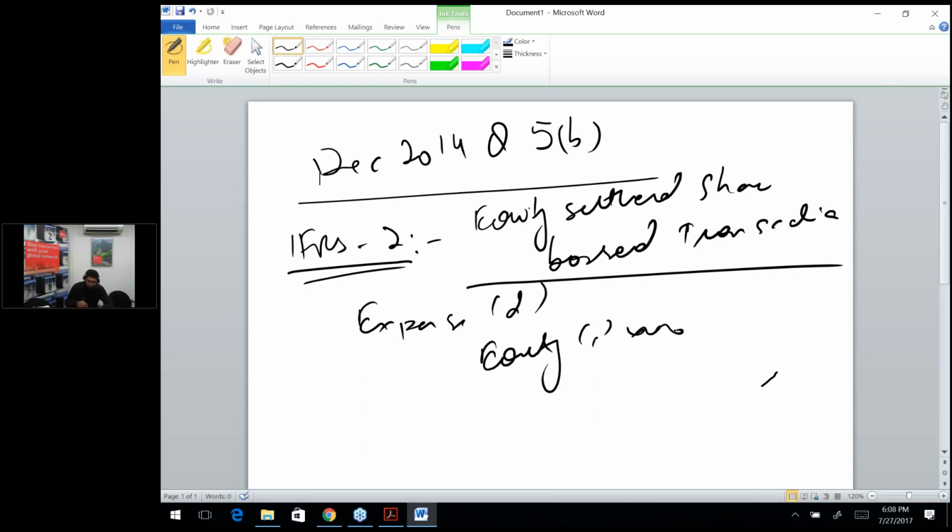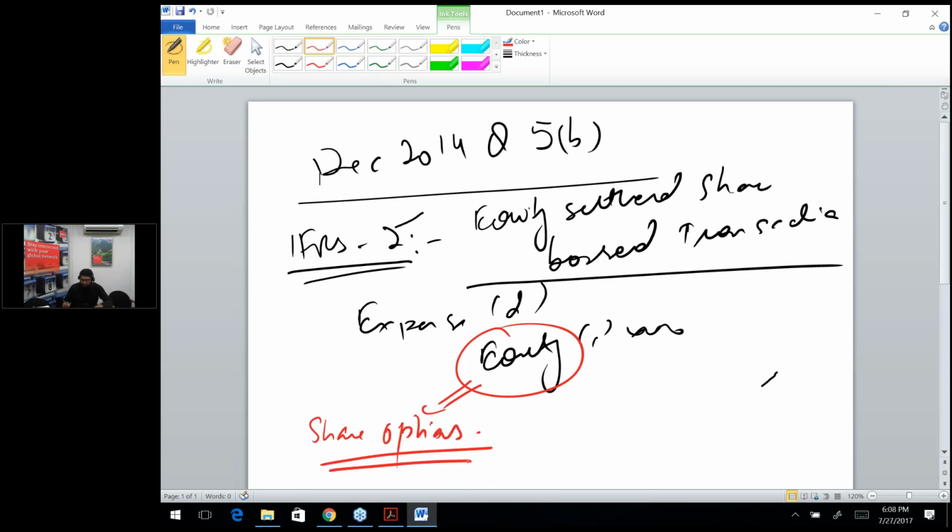Now, in the majority of cases, what sort of equity instruments do we provide? The equity instrument that we provide is majorly share options, which we provide to employees or to suppliers, etc. So generally it's expense debit, equity credit, and that is something that has to be recorded.